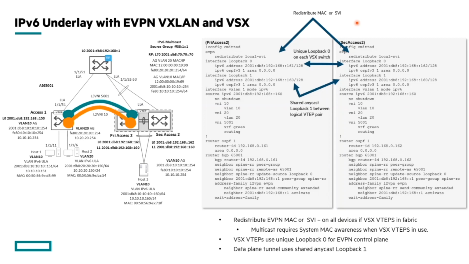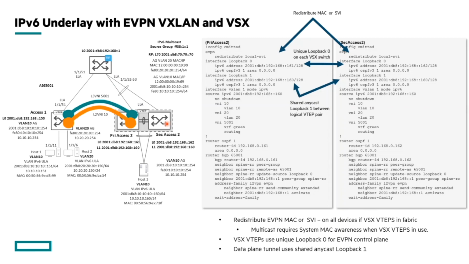When data comes across an ISL link and is decapsulated, the system MAC will appear on one of the VSX nodes, and that's not carried normally. So we use redistribute MAC or SVI to make sure the VSX nodes have awareness of the system MAC, because things like queries, PIM routers, and static joins use this system MAC. Please refer to the previous slide deck that I went through in detail around that.